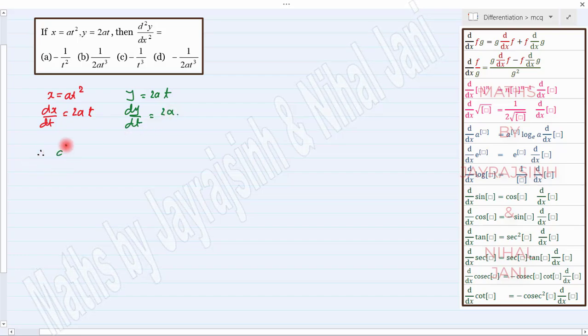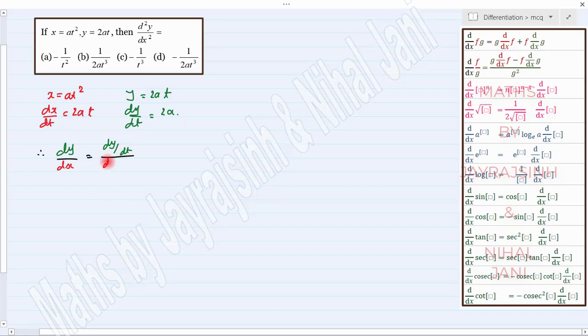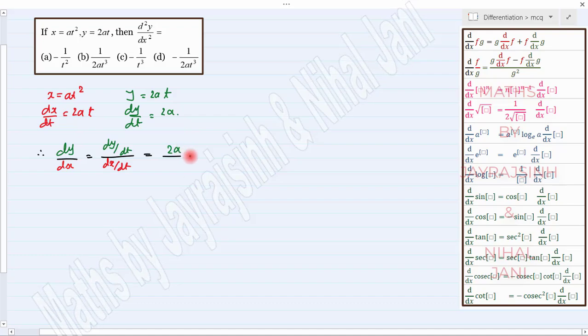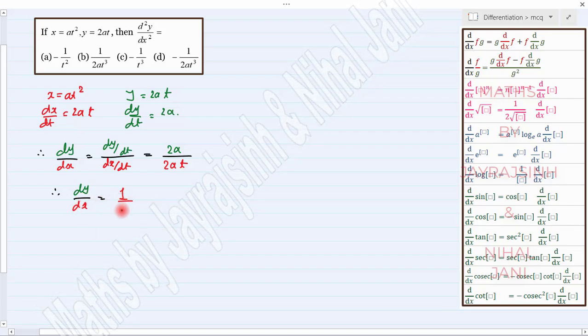So we can say dy by dx, which is actually the ratio of dy by dt and dx by dt, will be 2a upon 2at, or we can say your dy by dx is simply 1 upon t.